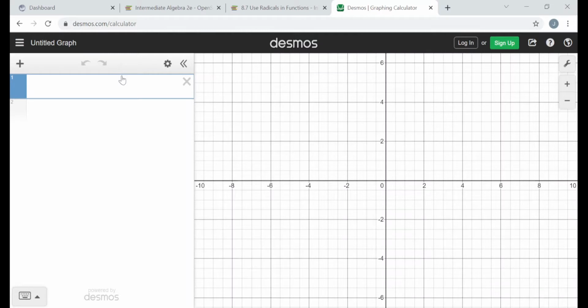It's a very, very useful calculator. So in this first spot here, I'm going to put in the function we were given. f of x equals the square root, which you can just type SQRT, and the square root symbol comes up, and then the square root of 6x minus 5. And you see this red graph showing up here with all these ordered pairs that belong to this function.